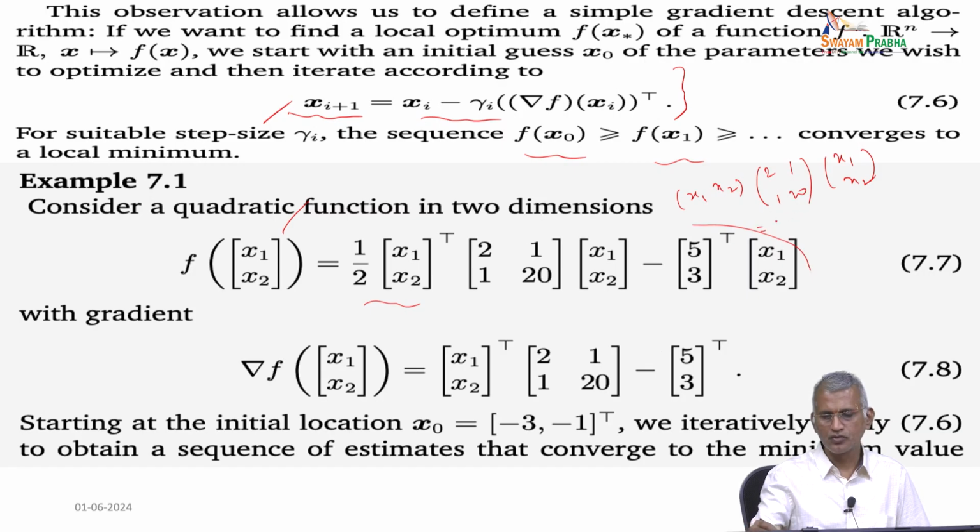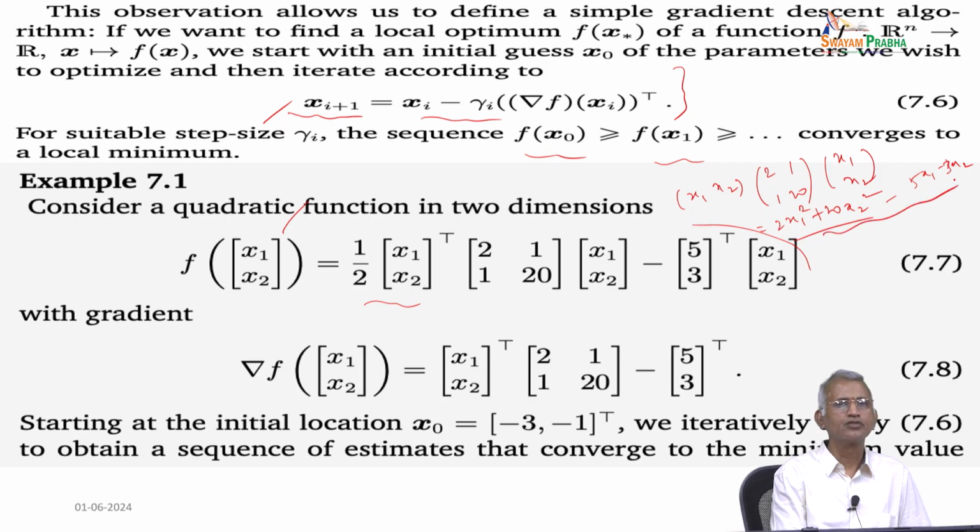It becomes 2x1 square plus 20x2 square, because we multiply with the second matrix, and the third is 2x1 plus x2, and the next is x1 plus 20x2. Then multiplying, it becomes 2x1 square plus x2 square, and subtract 5x1 minus 3x2. Everything can be written in terms of matrices, so the problem is easily solvable.